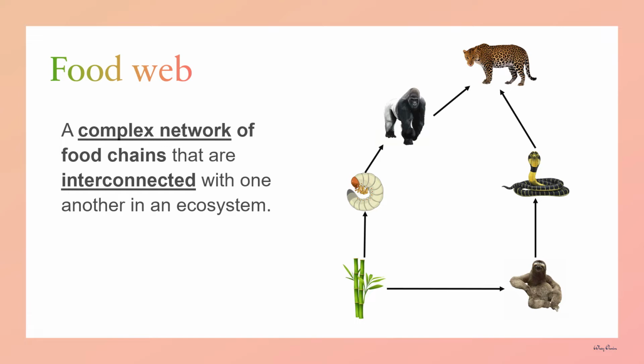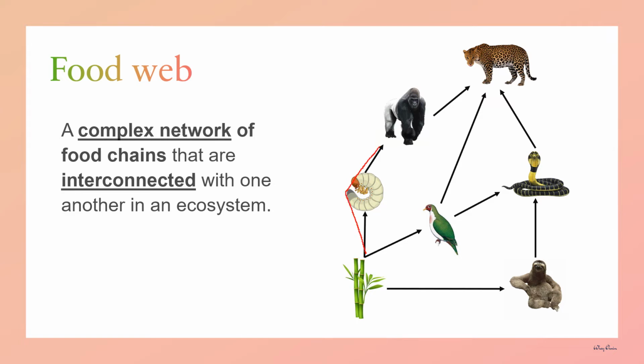But in nature, food web can be more complicated. So if we look at more details, the same food source or the same producer can become the food for other animals. Now we have another food chain showing here. So how many food chains are found in this food web? We can check the interconnection in the food web carefully.